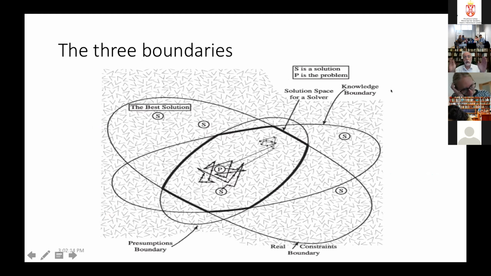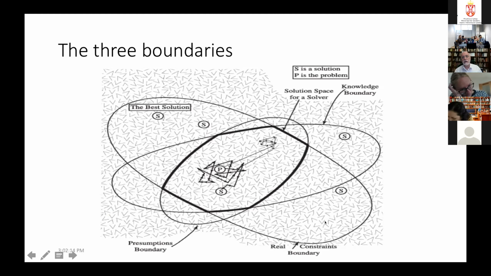But it will not help you solve the problem. All this is just psychological. It's in every book. What I have been telling you till now is in every possible book about creative problem solving, but it doesn't help. And why doesn't it help? Because there are three boundaries. One is the boundary of the real life, real constraints boundary.